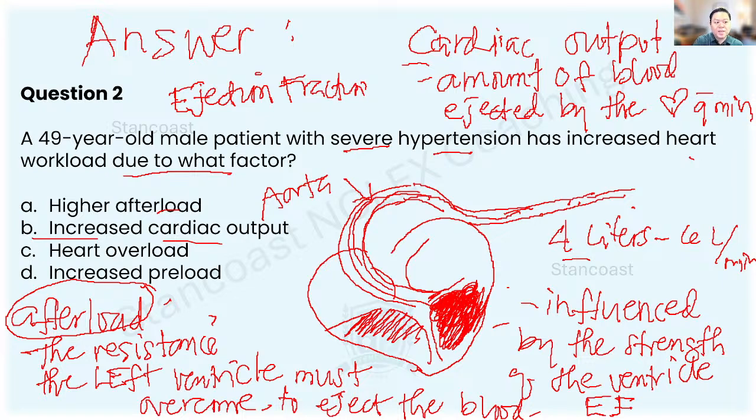And so it's not going to cause the heart to work harder, referring to the cardiac output. Whereas the cardiac output is basically the end result of the strength of the myocardial function. It's not the other way around.